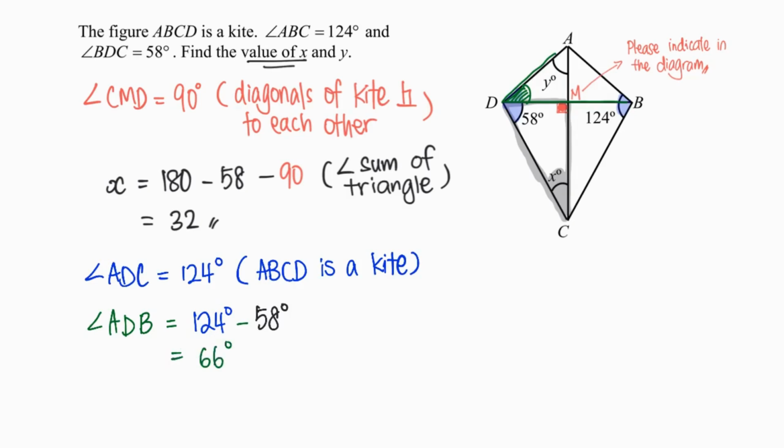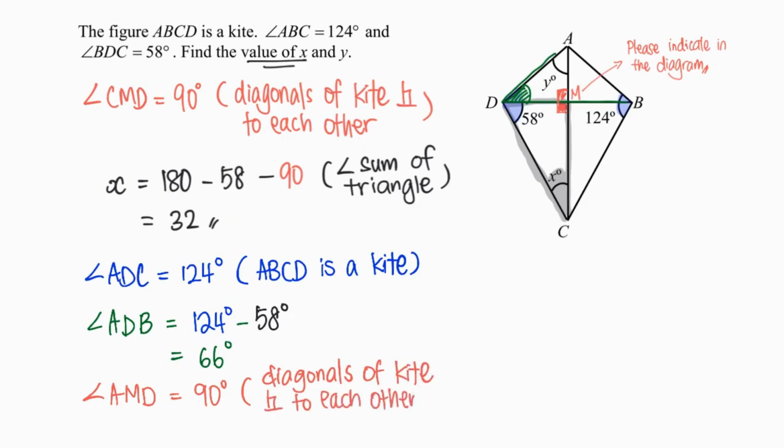And of course, this is also a 90 degree, so angle AMD is equal to 90 degrees. Diagonals of a kite are perpendicular to each other. And finally, I will be able to get my y.